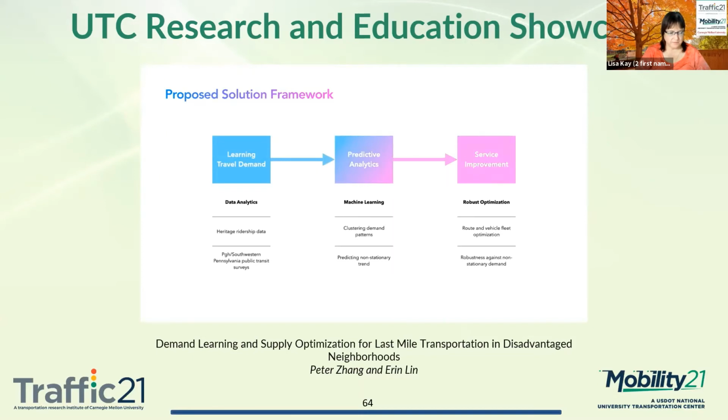The last phase is to provide a service improvement suggestion, such as updating route schedule. In this phase, we would focus on robust optimization to address how a robust solution framework can hedge against uncertainty.